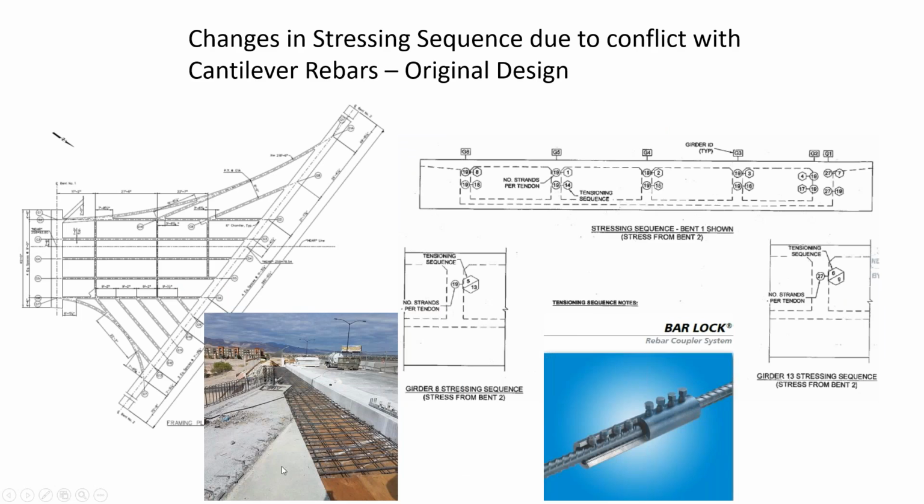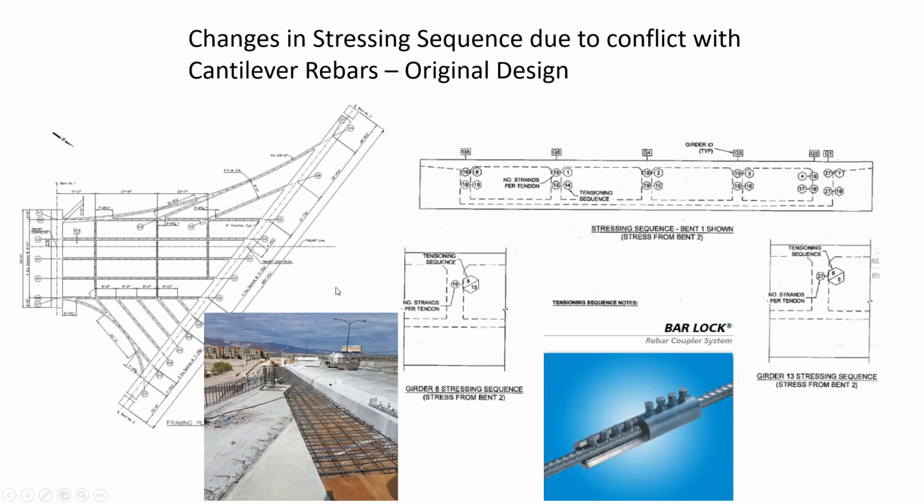Here we had issues with the stressing. As I said, all the stressing was at bend 2, and there were issues stressing because of the rebar in the closure pour. There was a closure pour between the new bridge ramp and the existing one. This closure pour area had a lot of reinforcing that made it very difficult for the contractor to stress all these girders.